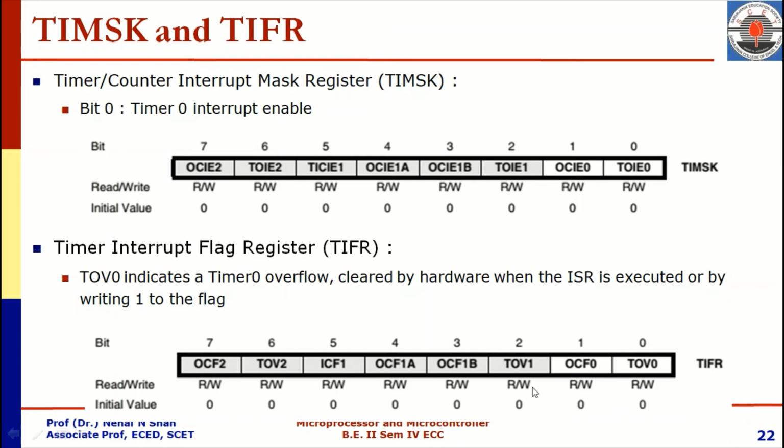Similar is the case with the timer interrupt flag register. So the timer overflow flag is cleared by hardware when the interrupt service routine is executed or by writing 1 to the flag, and likewise the OCF flag. These two bits are for timer 0, the middle 4 bits are for timer 1, and bit 6 and bit 7 are for timer 2.